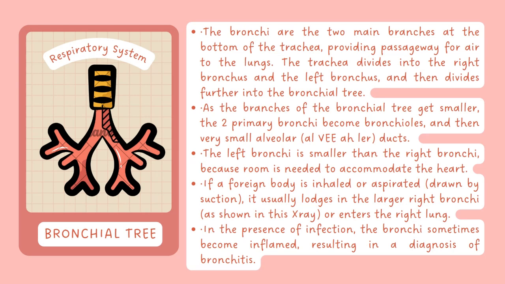If a foreign body is inhaled or drawn by suction, it usually lodges in the larger right bronchus or enters the right lung. In the presence of infection, the bronchi sometimes can become inflamed, resulting in a diagnosis of bronchitis.